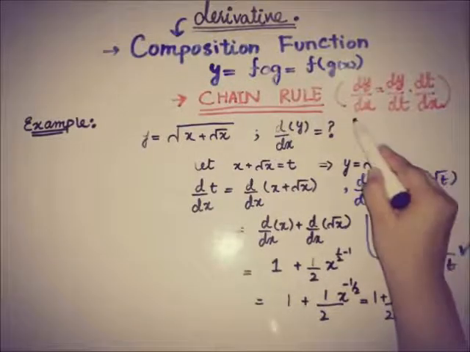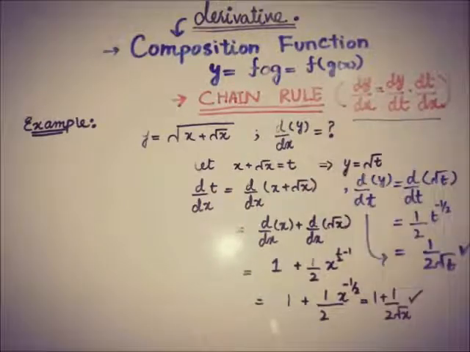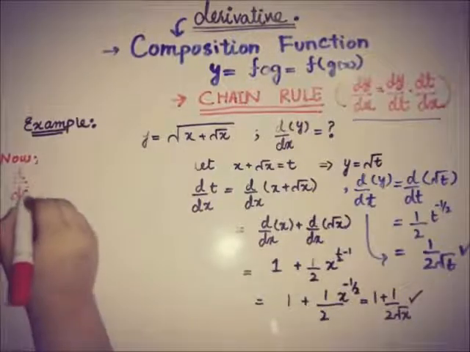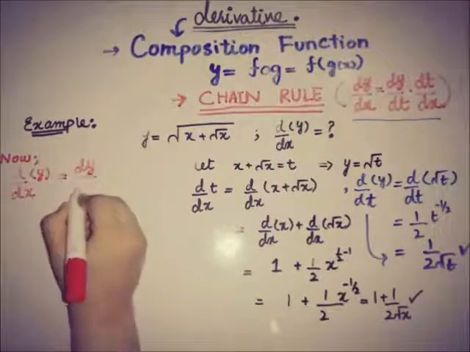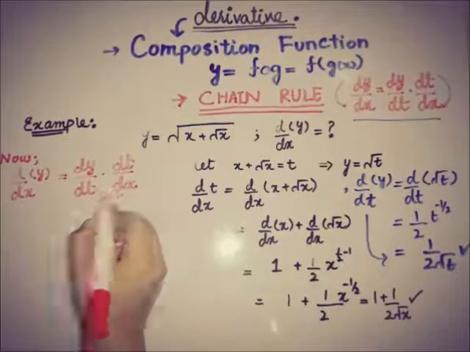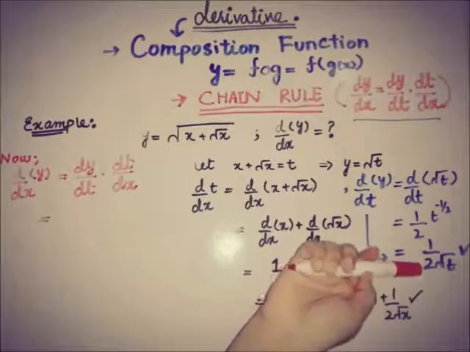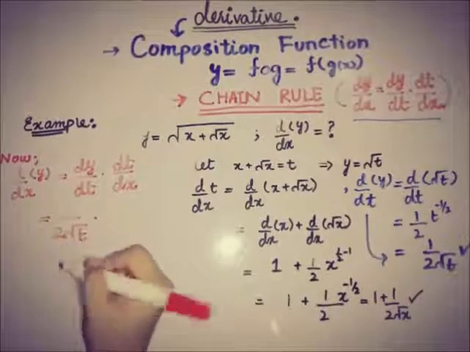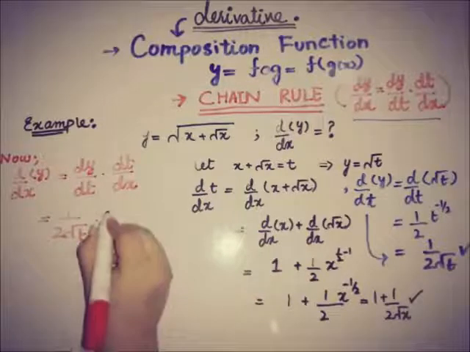Now we will use this to find dy by dx. We know that by the chain rule, d by dx of y is equal to dy by dt into dt by dx. So putting the values, dy by dt is 1 by 2 under root t, and dt by dx is equal to 1 plus 1 over 2 under root x.